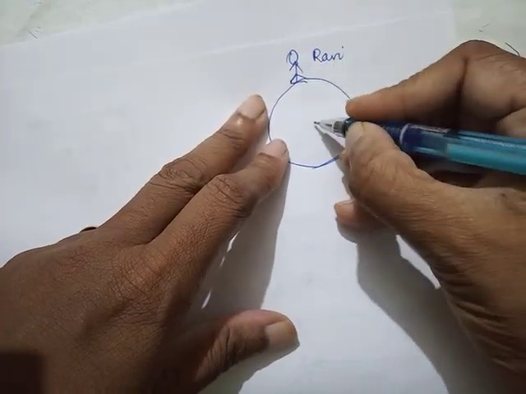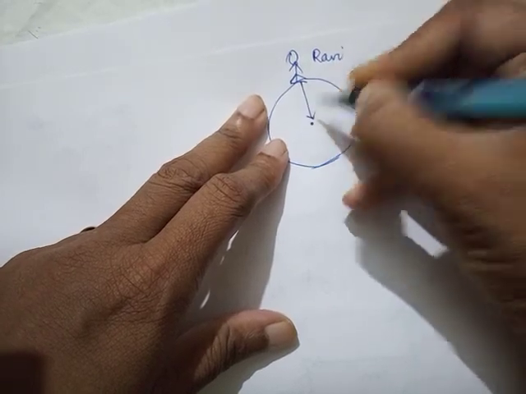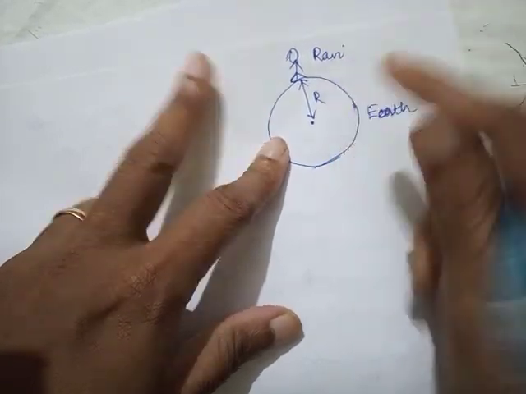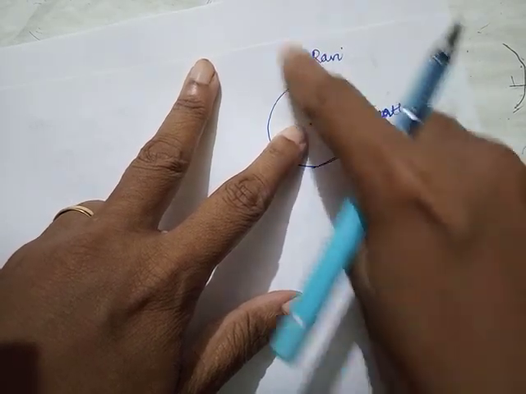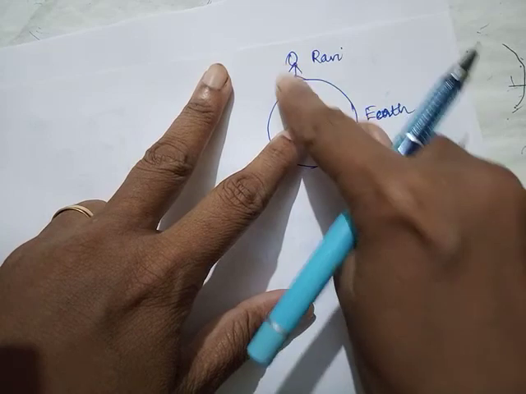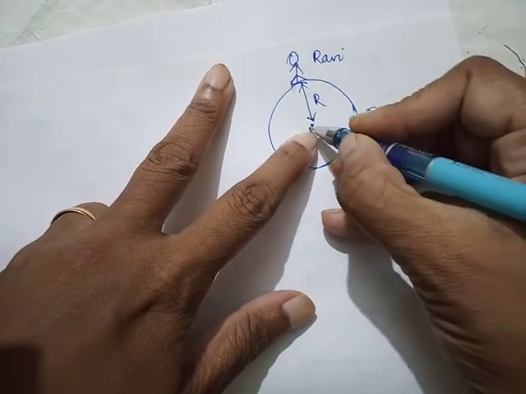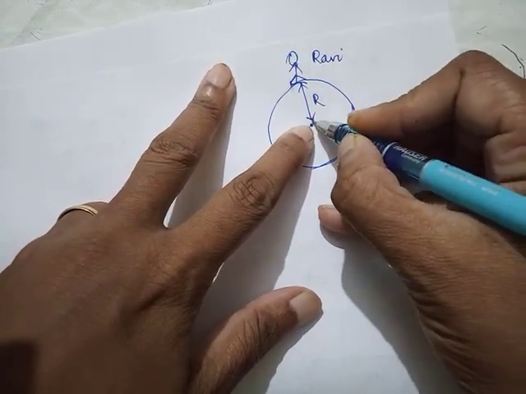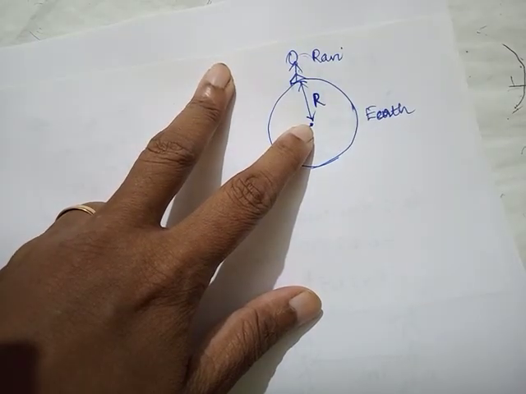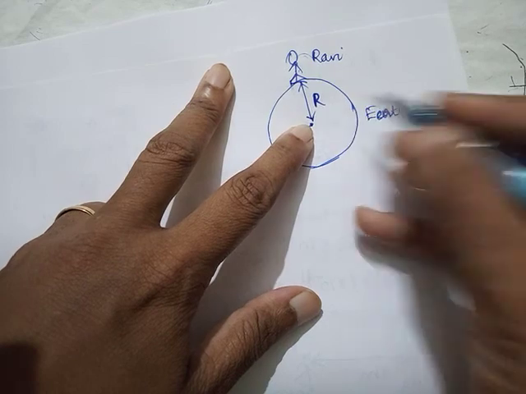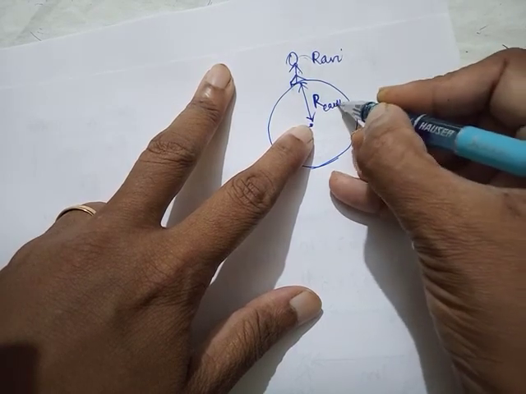So the distance between Ravi and Earth will be basically the radius of Earth. Basically we'll take the center of Earth. The law of gravity says he will be attracted towards the center of Earth. So we have to take the distance between the center of Earth and this person who is on the surface of Earth. That will be nothing but the radius of Earth.